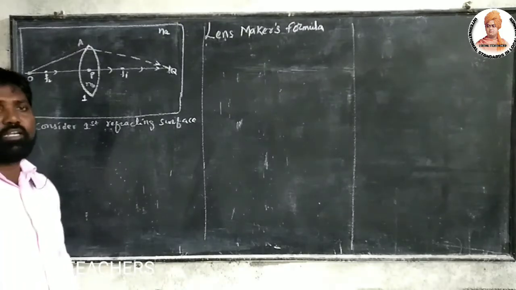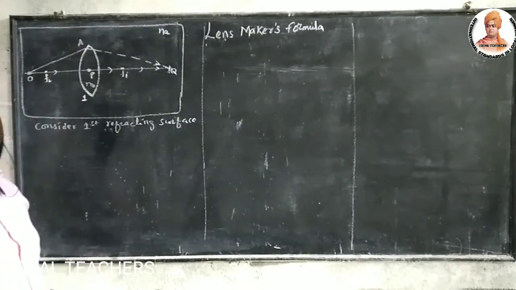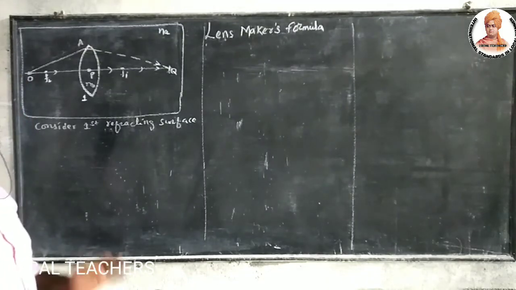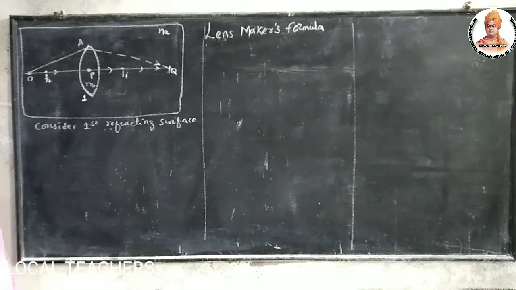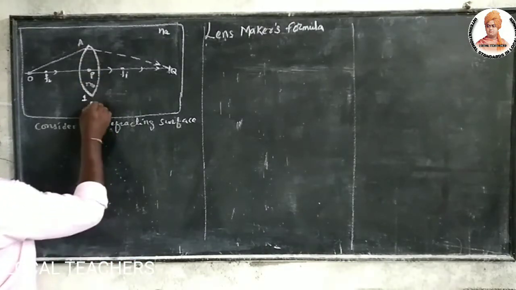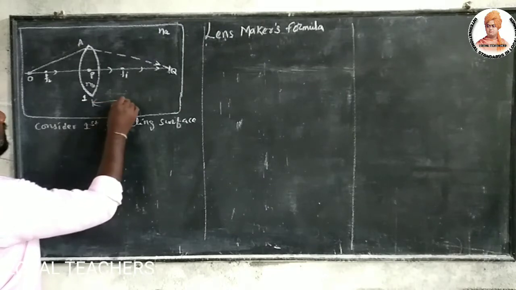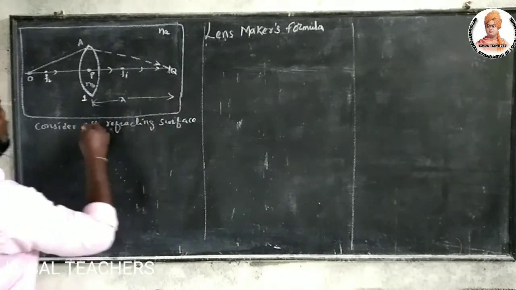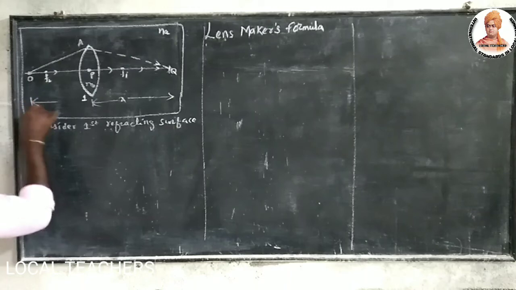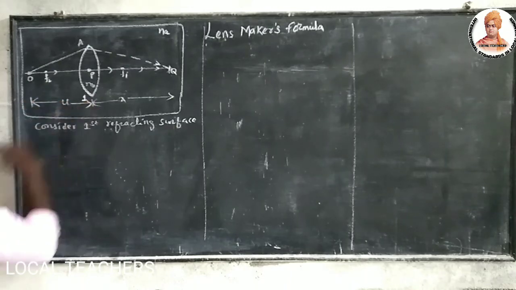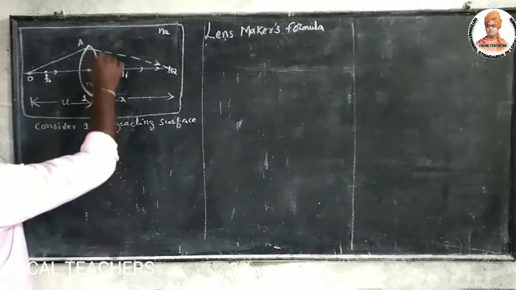Now I want to find the distances from the optic center. By applying sign convention, I am going to find the distances. This is the image distance, which I consider x, and this is the object distance, u.